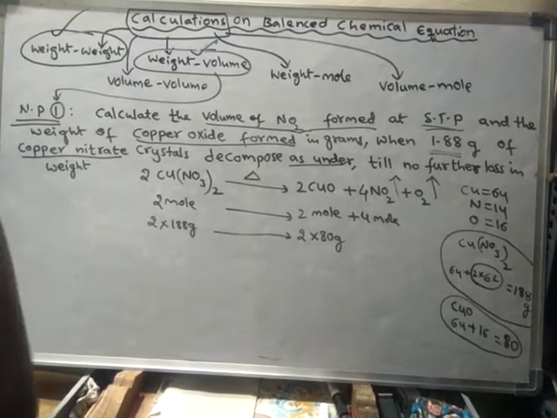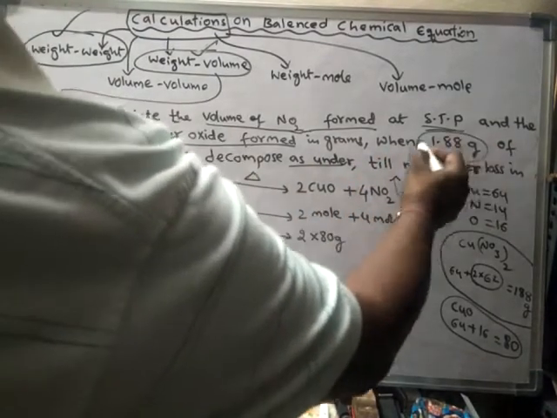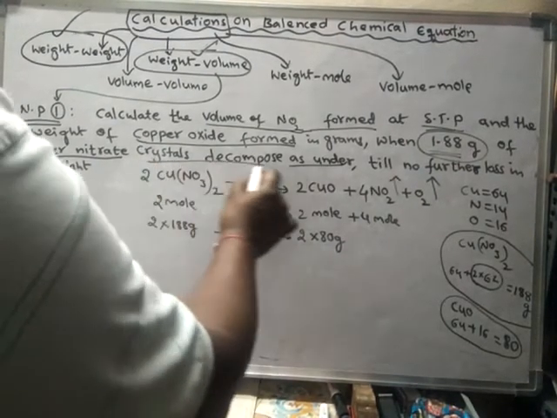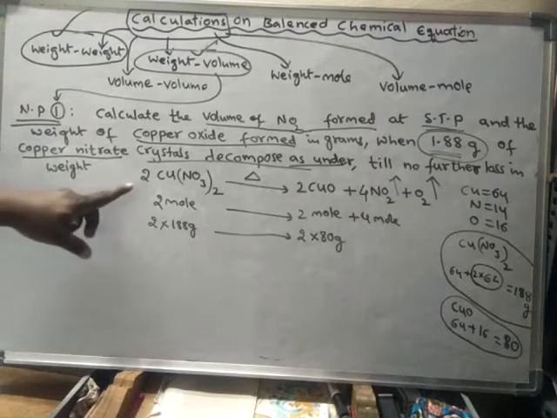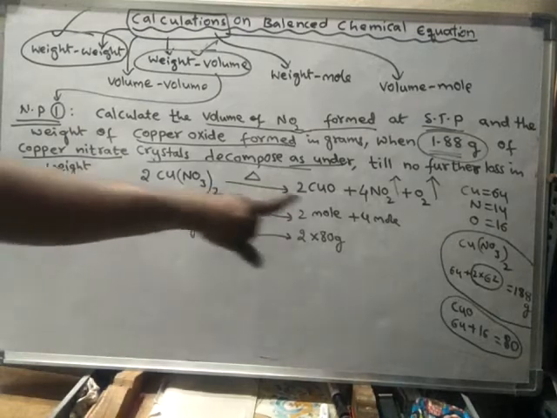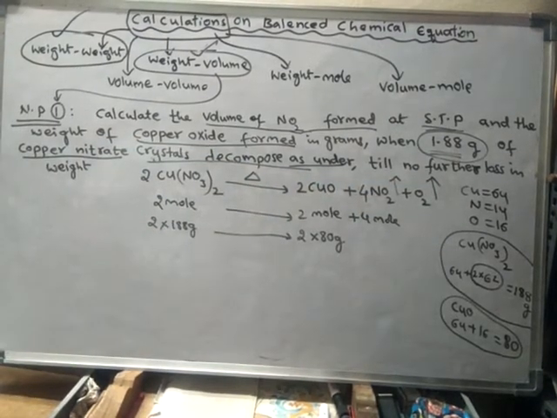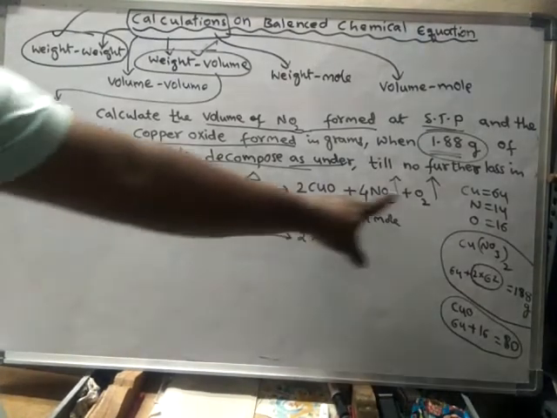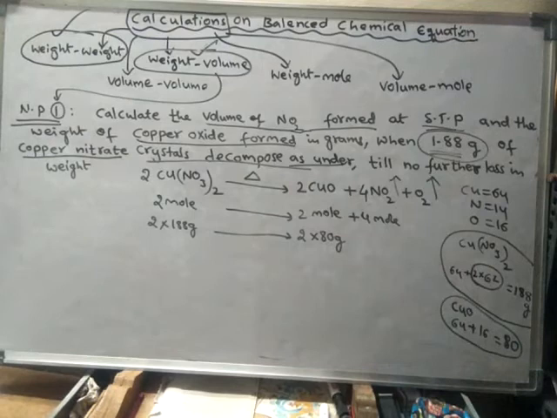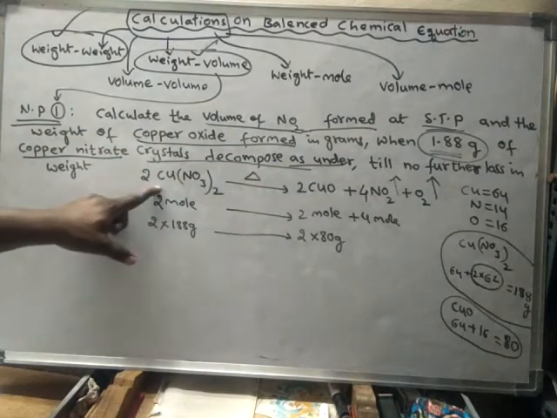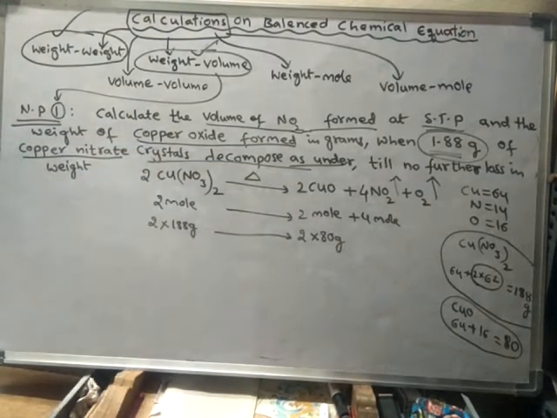But in the question, how much copper nitrate is used? Only 1.88 grams of copper nitrate is decomposed completely. What happens when copper nitrate is heated? It will decompose completely and form these products until no loss in weight, meaning it is completely reacted.